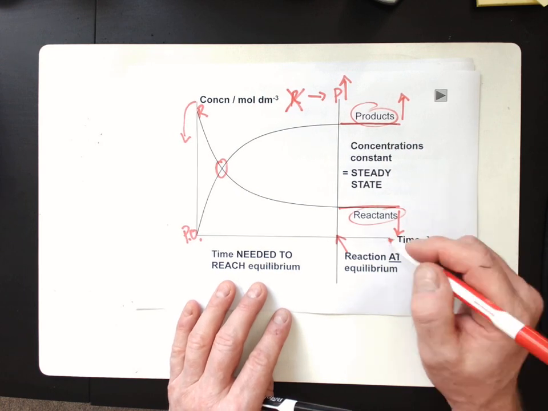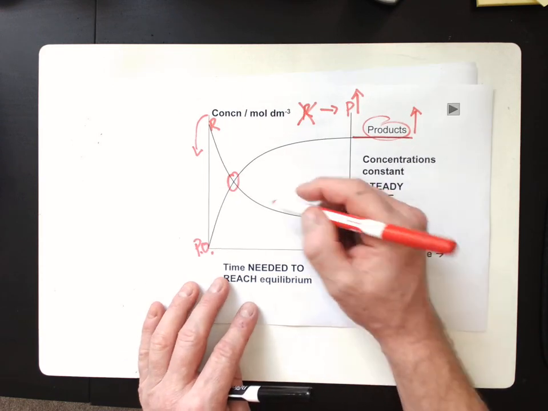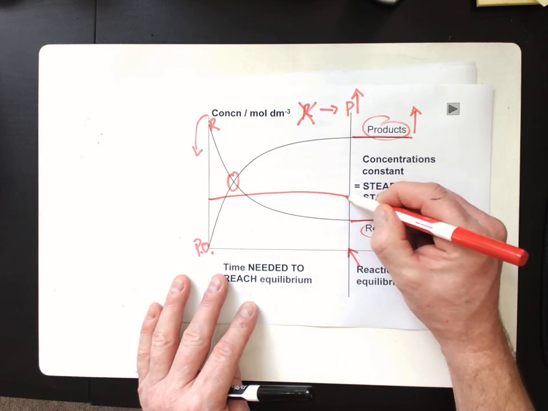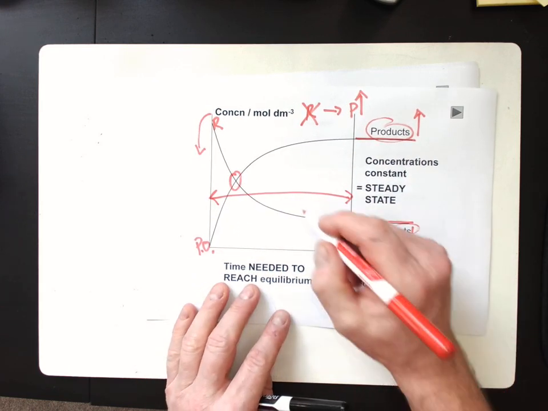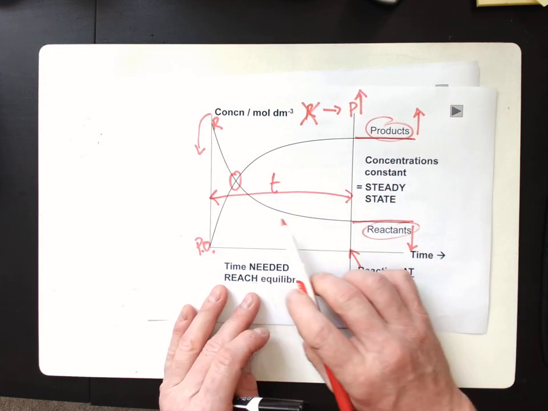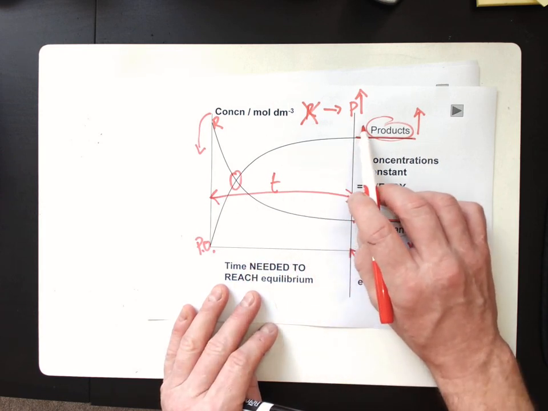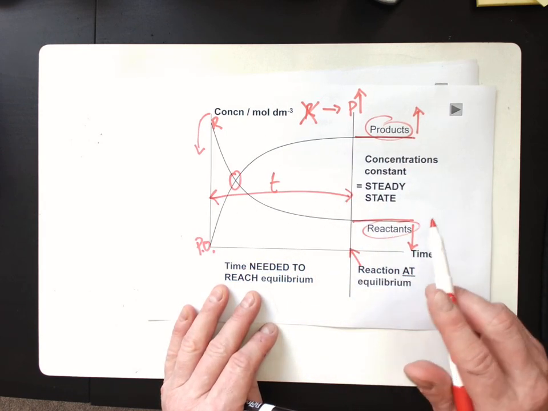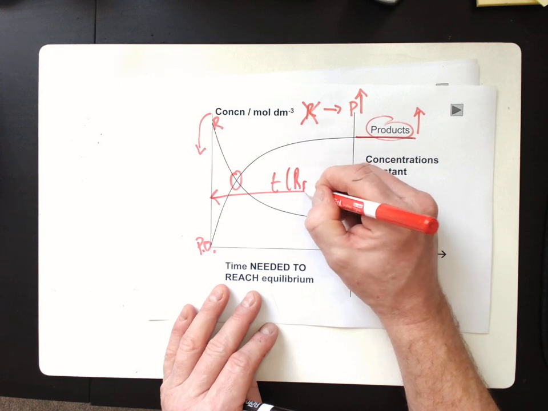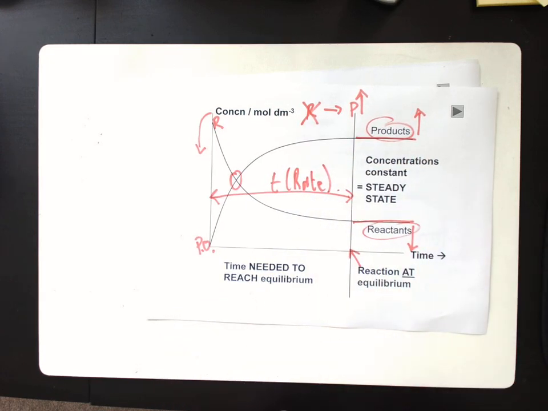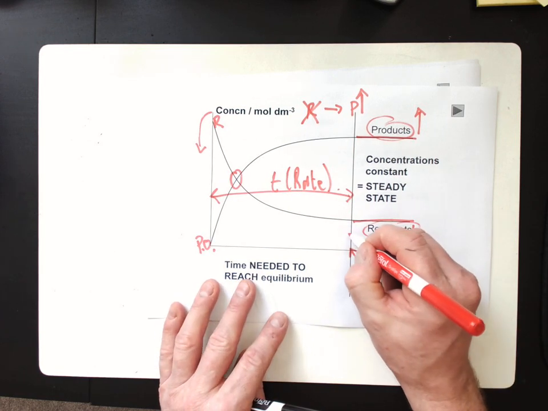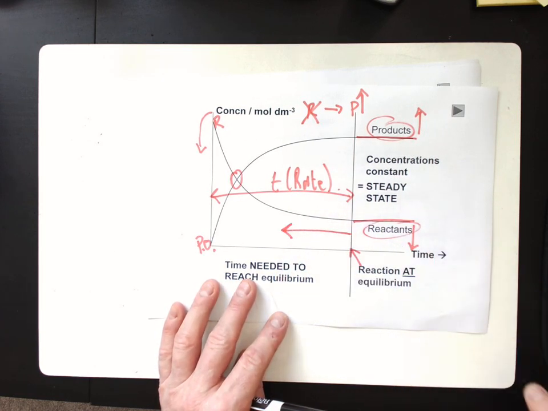Now, what about this distance here then, or this time here? What does that represent? Well, that is how long it has taken to actually get to dynamic equilibrium, and that is a measure of the rate of the reaction. So again, if you're an engineer, what would you want to do to this line? Well, you want to push that line as far to the left.